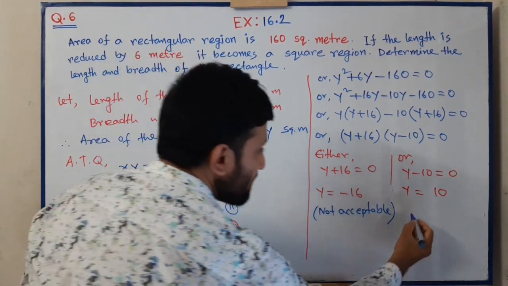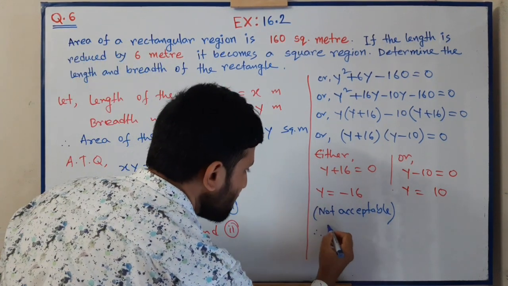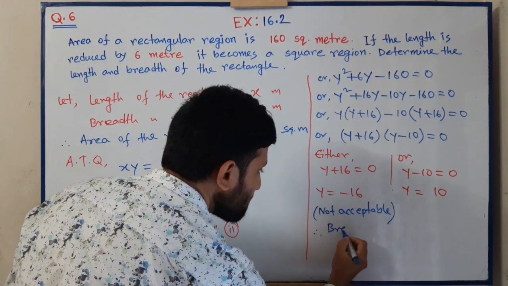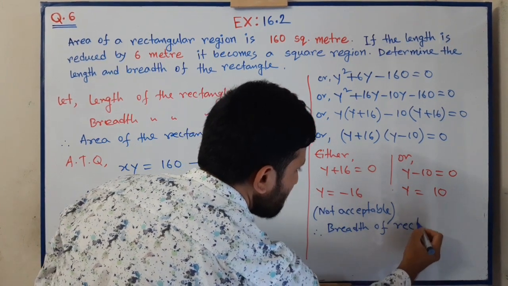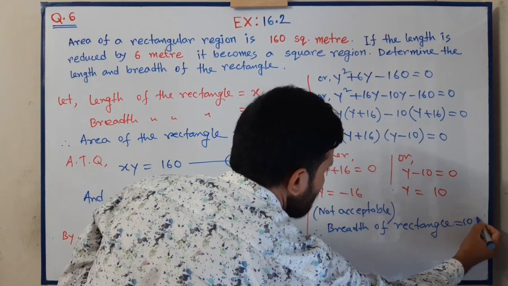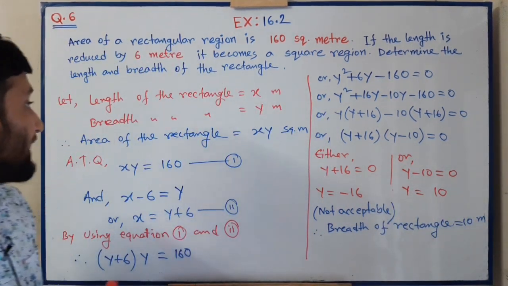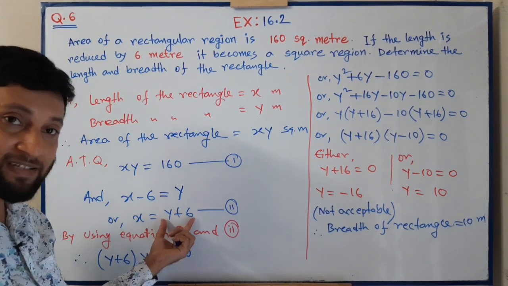Okay, that means we can write y equal to 10, that means breadth 10 meter. So breadth of rectangle is equal to 10 meter. That means length is more than 6 meter, y plus 6, this is length.